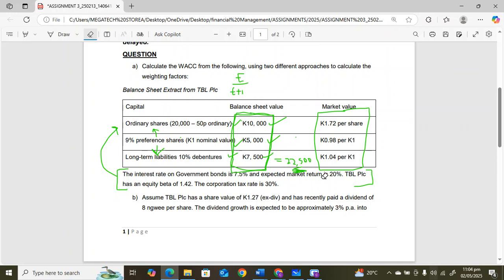That's what the expected market return is, just like the average market return. So in this context, the average return in the Lusaka Securities Exchange is 20%.